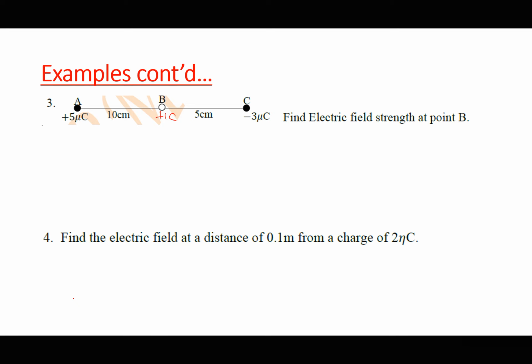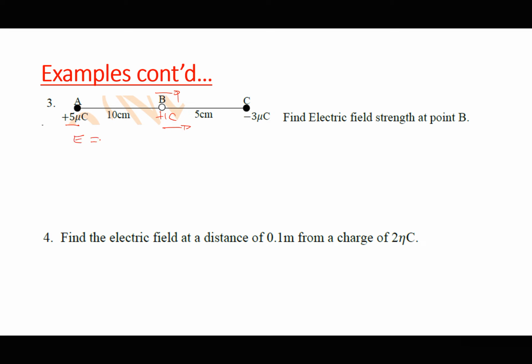So let's find the resultant electric field at point B. A is positive, it repels it to the right. C is negative, it attracts it to the right. That means the resultant is on one side, it is to the right. So I will just add.